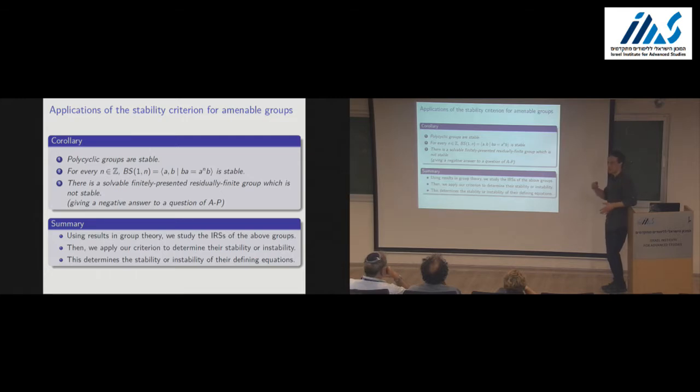And then, by the basic observations of this theory, you know the stability or instability of the defining equations of those groups. So using group theory, some very classical things about profinite topology of groups, eventually I can deduce stability or instability of some equations.